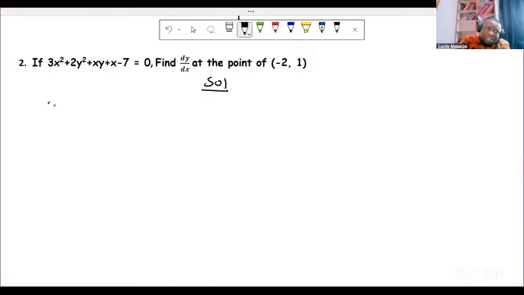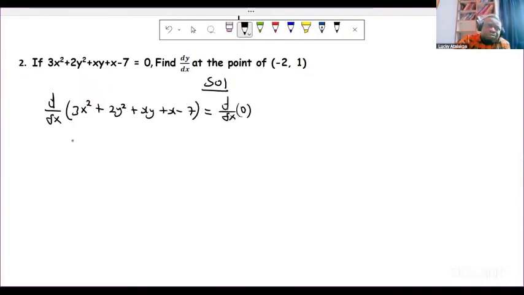So this is what I will do. I will say d dx of everything I have here, 3x squared plus 2y squared plus xy plus x minus 7, equals d dx of 0 as well. Doing this means 2 times 3, that will become 6x. Then take away 1 from 2, that becomes 1, so there's no need to write that 1.